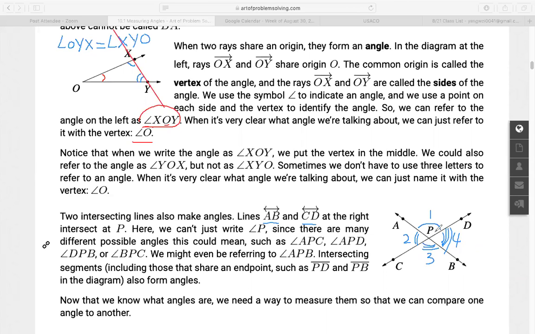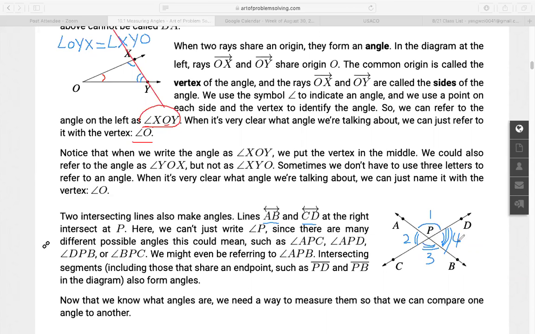Then you know angle 1 and angle 3 are called vertical angles. That means these two angles are the same.